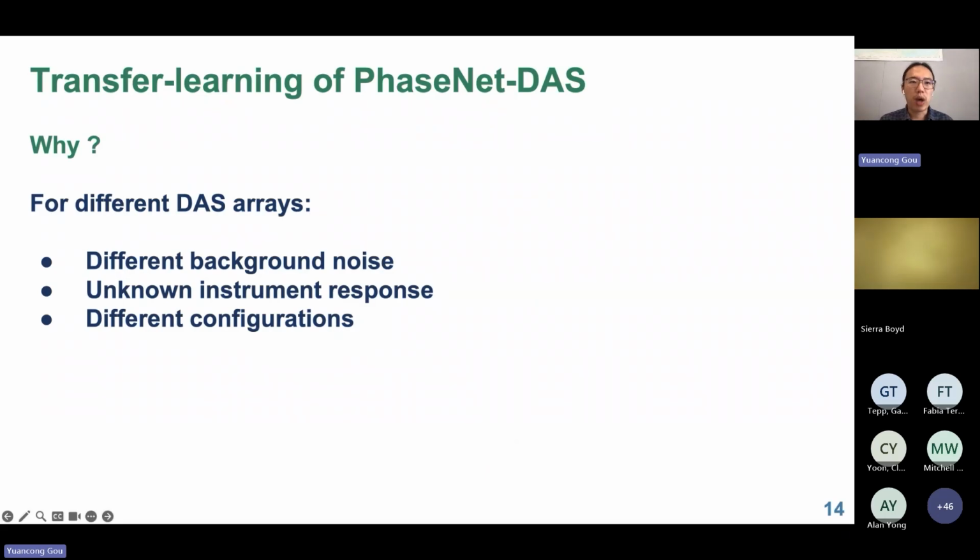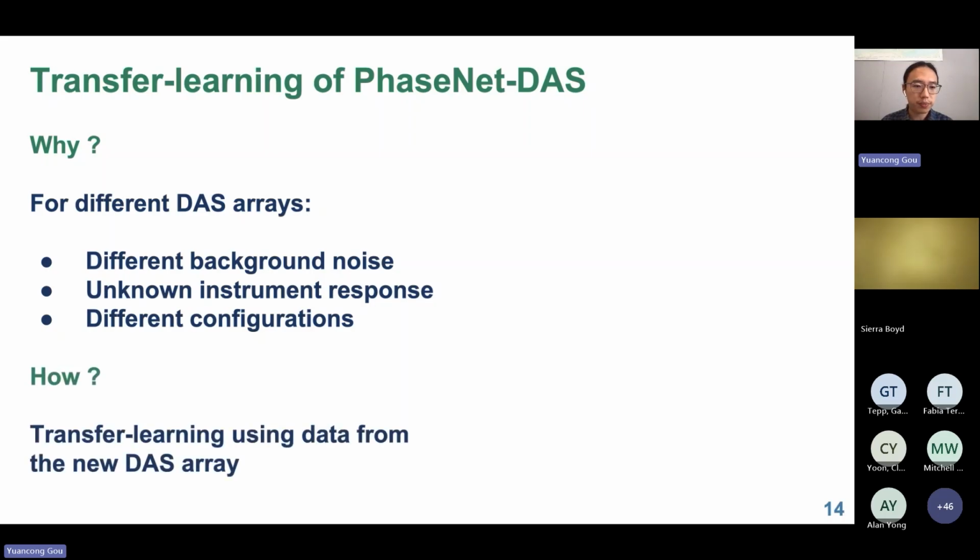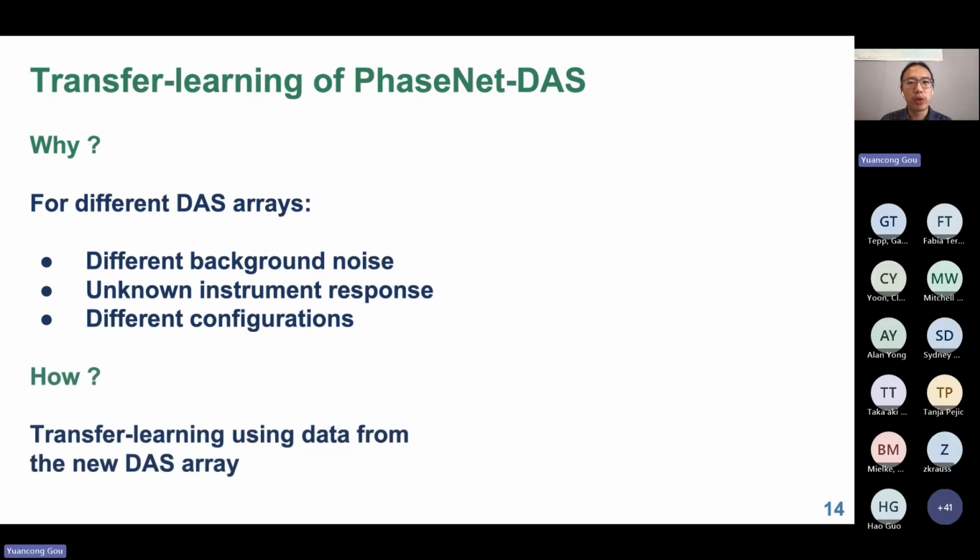So I also did transfer learning of this PhaseNet-DAS model. The reason is that different DAS arrays have very different background noise, and we don't know the exact instrument response. Different DAS arrays may also have different configurations. We want to be able to use this model for the submarine cable, so we did transfer learning using data from this array.